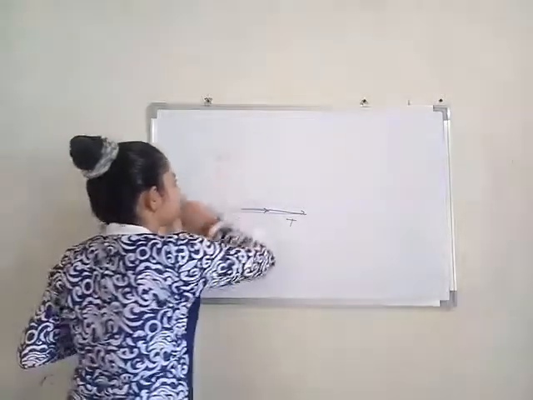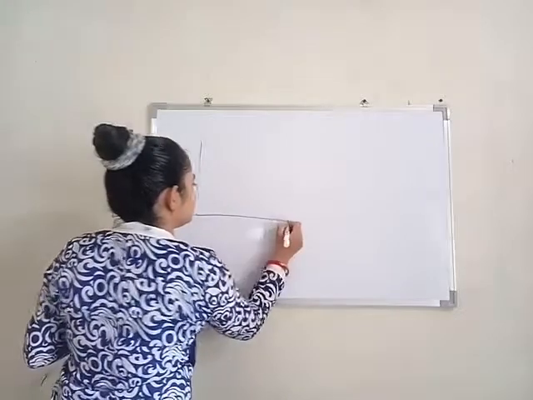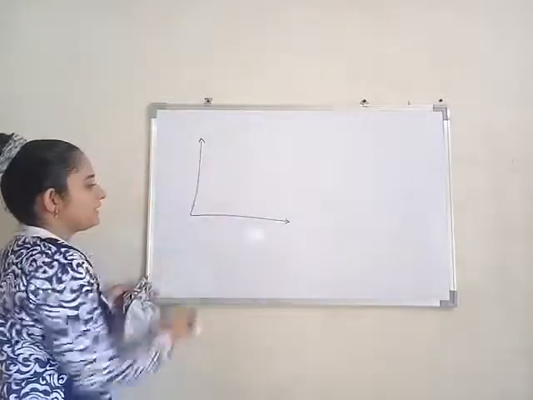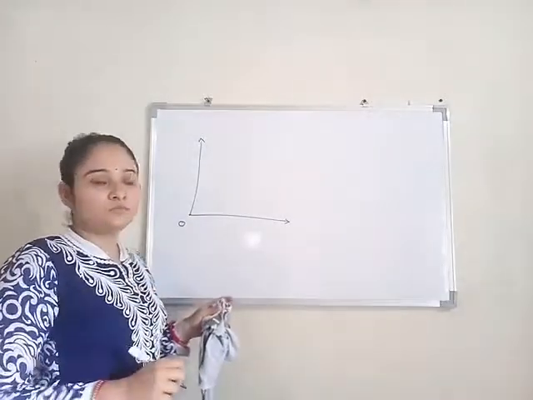So here, if we take a plane, this is your plane having origin O, and one object is moving.